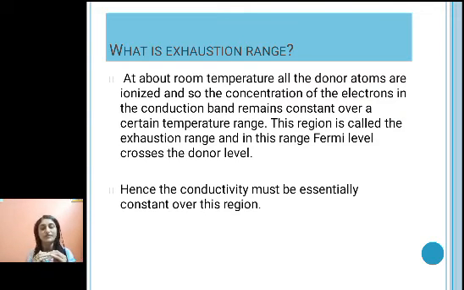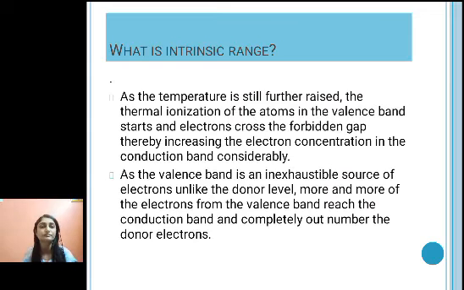Whatever electrons are present in the donor level, by the time the temperature reaches room temperature, all of them have gone to the conduction band. So this region is called the exhaustion range, and in this range the Fermi level crosses the donor level. Hence the conductivity must be essentially constant over this region, because the donor level electrons are getting exhausted here.